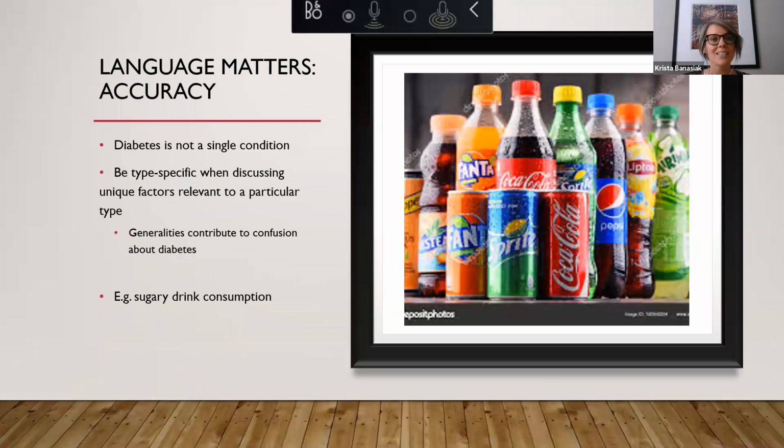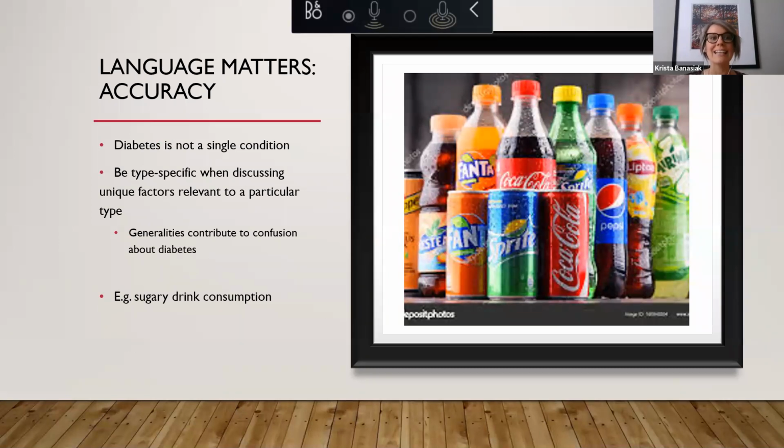So there's a great deal of confusion among the public and even some people living with diabetes as to what this condition is. And that's partly because of how broadly it's discussed. As most of us here are aware, diabetes is not a single condition. It's an umbrella term for a collection of conditions with similar symptoms, but very different causes, progressions, and prognoses.